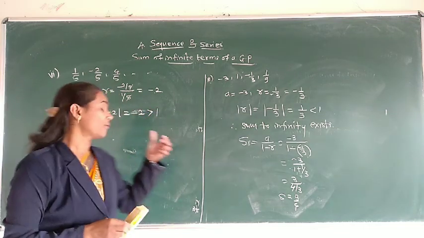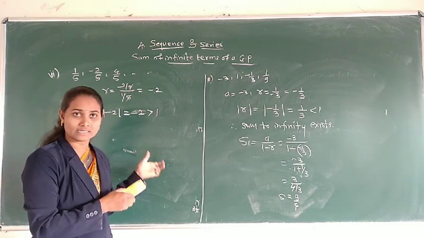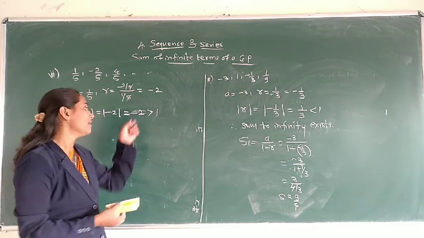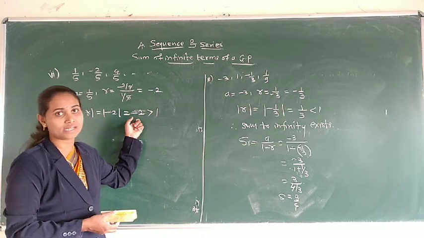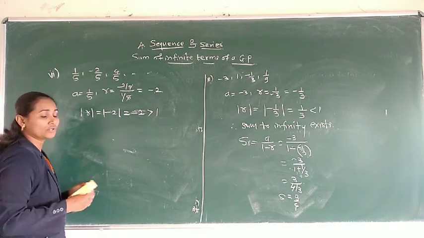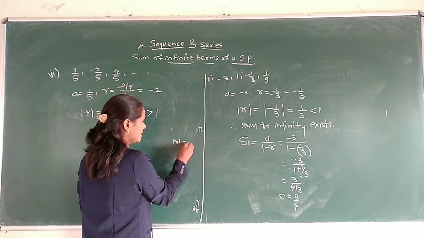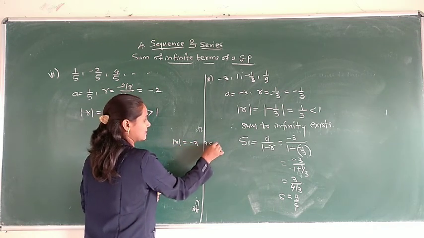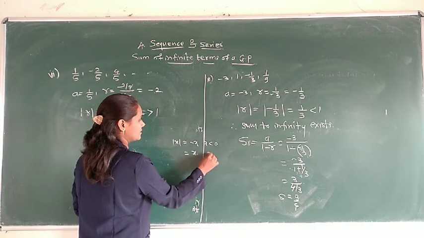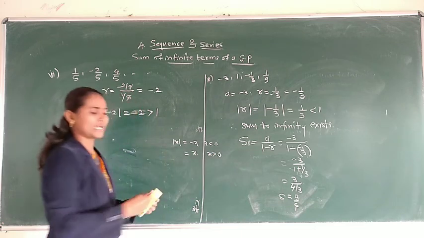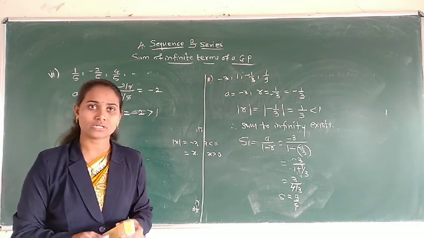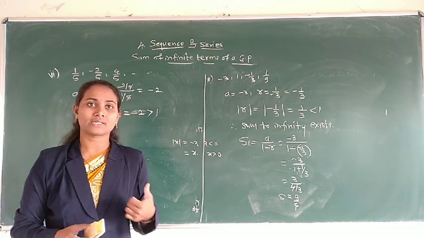Remember that in modulus, even if the value is negative, outside the modulus the value is considered positive. Mod x is equal to minus x if x is less than 0 and is equal to x if x is greater than 0. That means the absolute function always gives positive values.